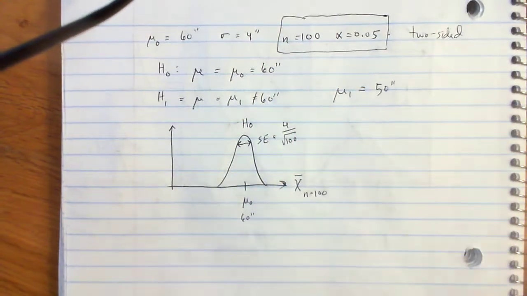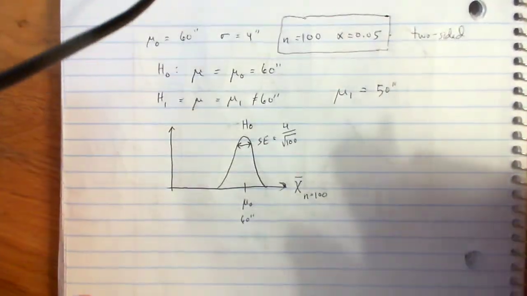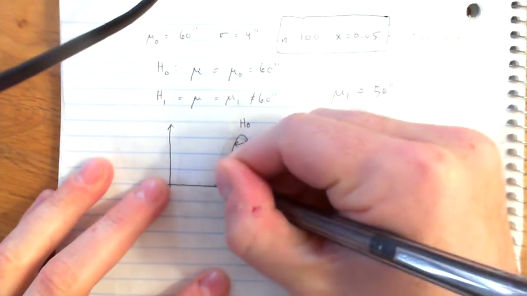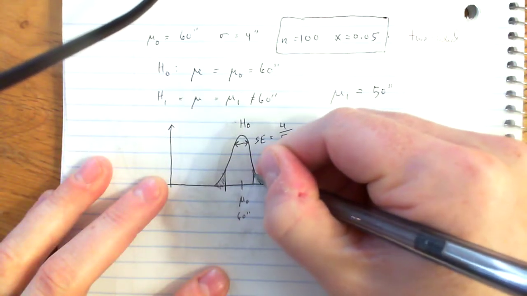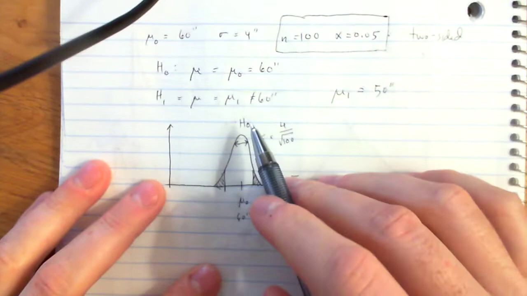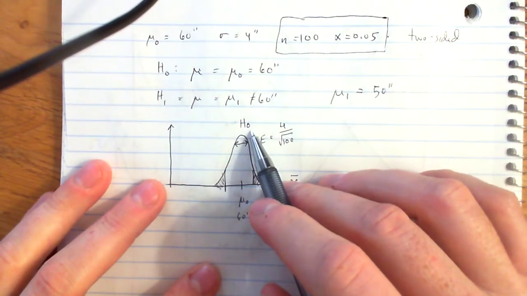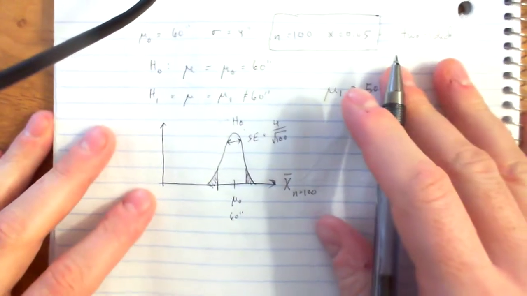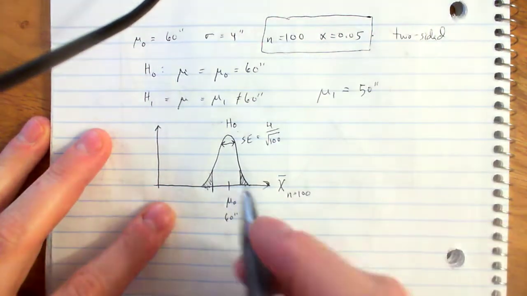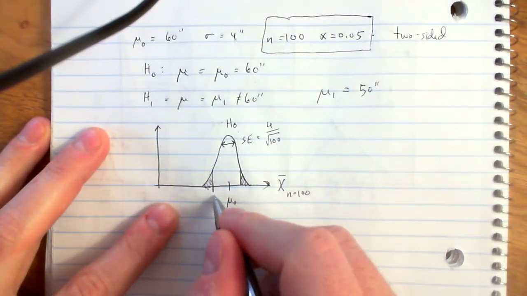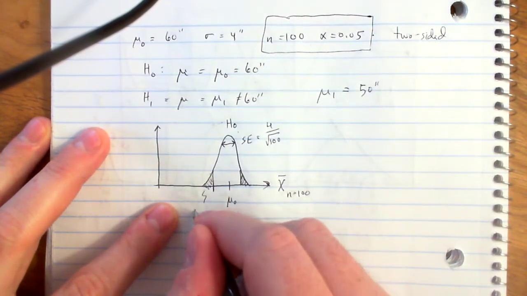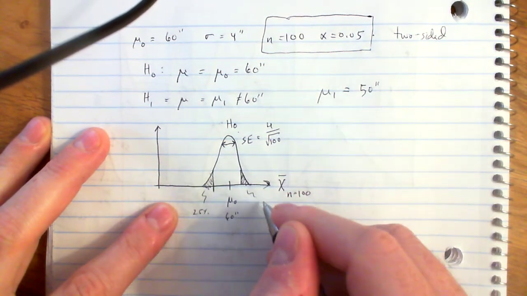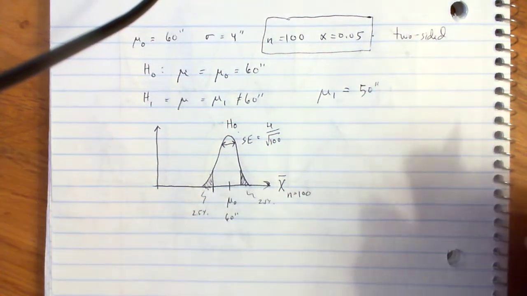So you walk into the building ready to conduct your experiment, and you already know that if you get a value in this area or this area, you're going to reject the null hypothesis. You walk in with that predetermined. That shaded area is 2.5%, and this shaded area is 2.5%.